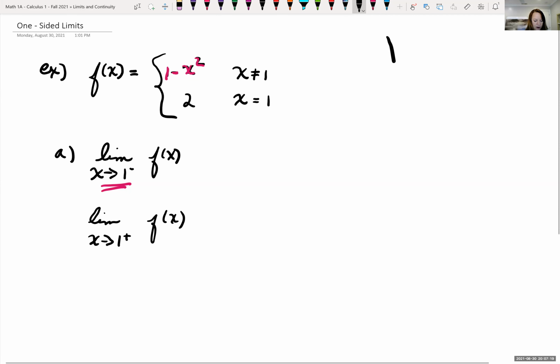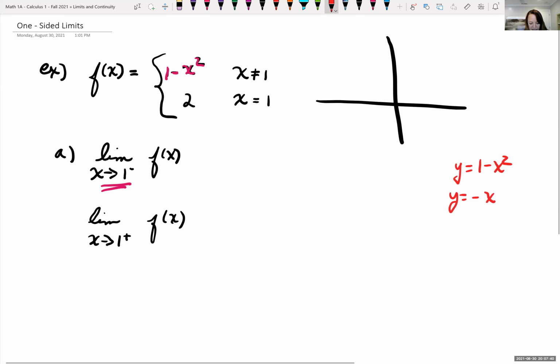If I graph this, and think back in algebra, we can use tools for shifting what graphs look like. There are so many things going on in calculus, and I want to just review. So we can think of 1 minus x squared as negative x squared plus 1.